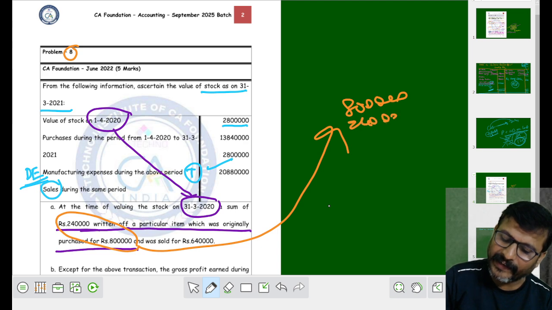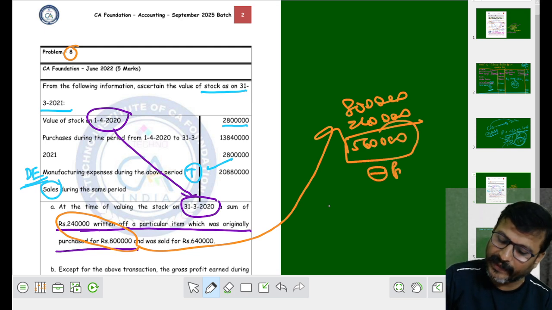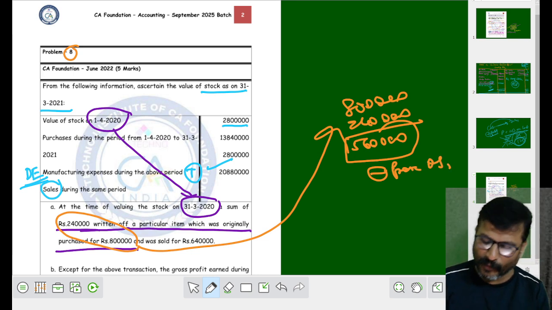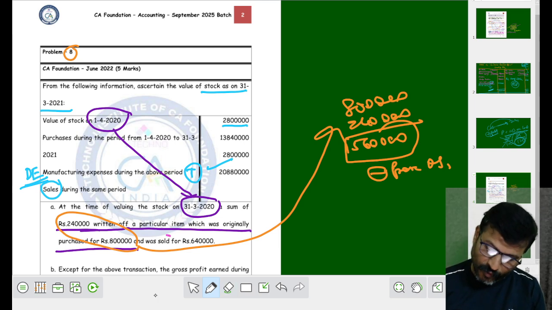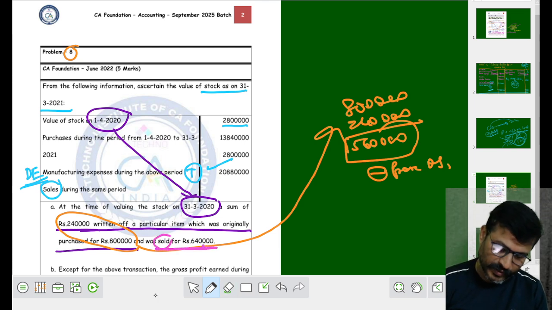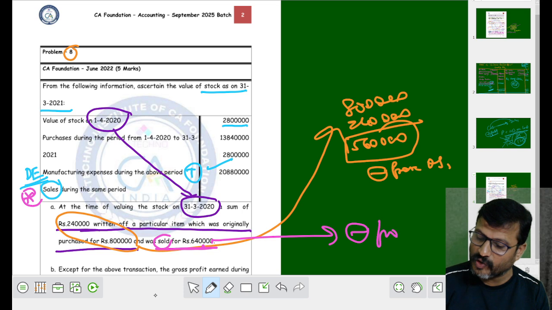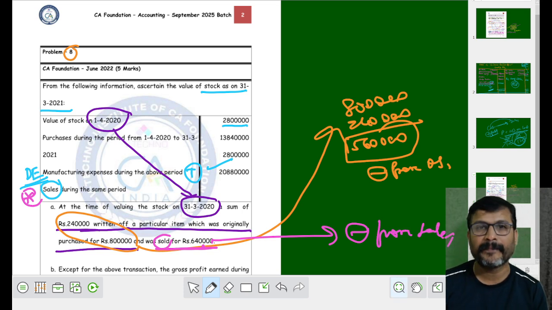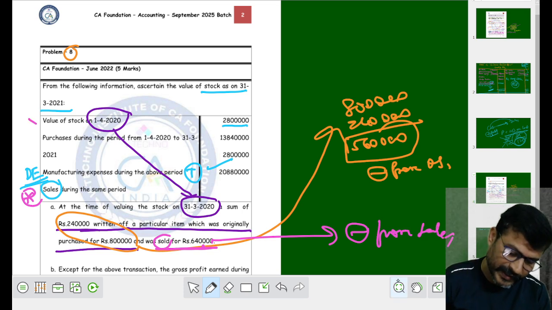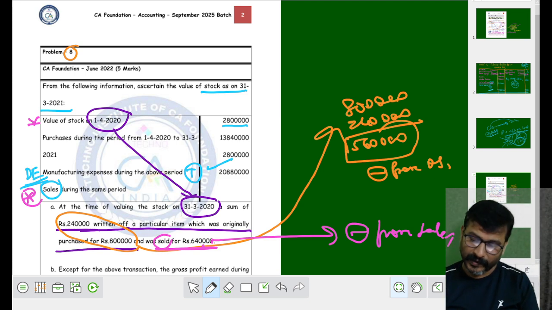Out of 8 lakh, 2,40,000 written off, remaining 5,60,000. This is to be subtracted from what? From opening stock. And these goods are sold for rupees 6,40,000. Now, this 6,40,000 is to be subtracted from sales. Put a star mark for sales as well as for stock.